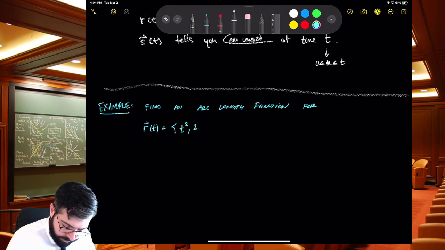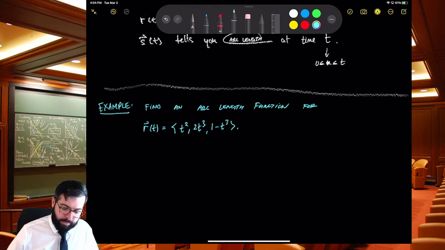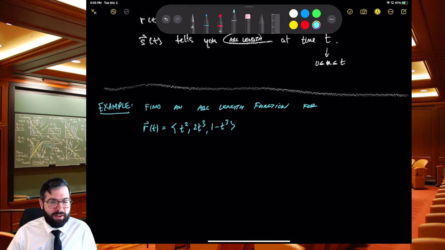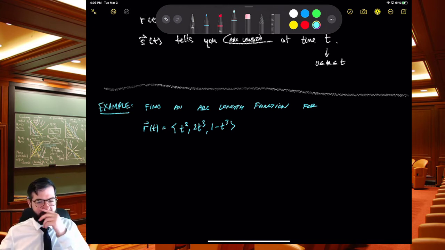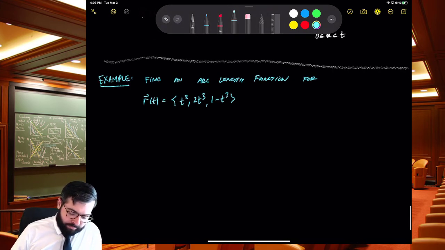T squared, 2t cubed, 1 minus t cubed. Hey, Mally, you're keeping these vector functions pretty simple. Yeah, that's because I don't want to get bogged down in crazy radical calculations mid-class. That is important to practice with, but it's much more important to highlight the ideas than get into the nitty-gritty. That's for problem sets, right? That's for the fun stuff. But no, honestly, if we did those, we just wouldn't get through the material. So we try to keep it simple.